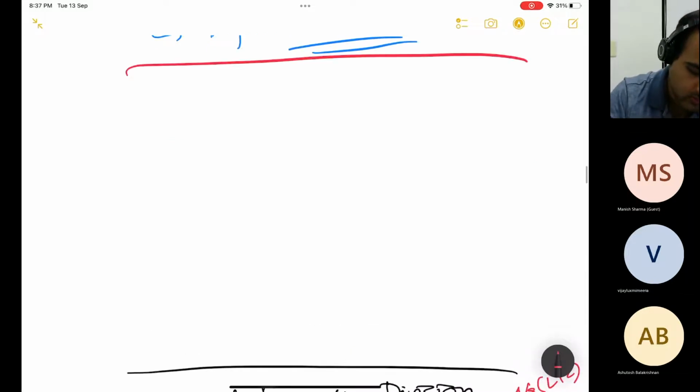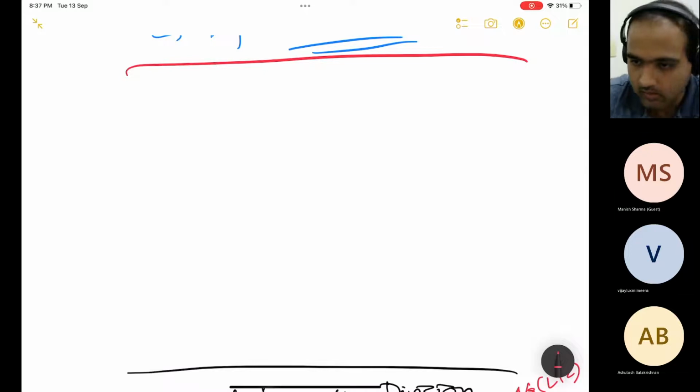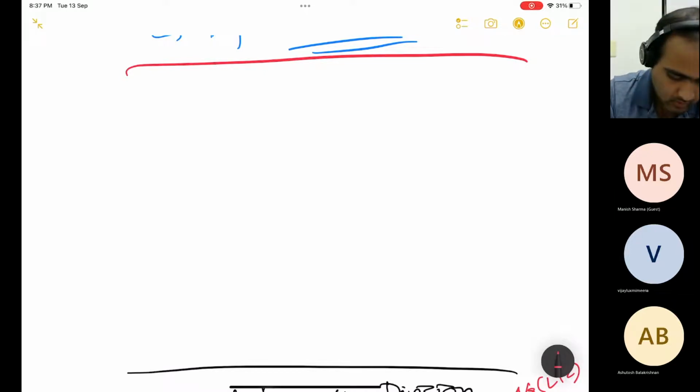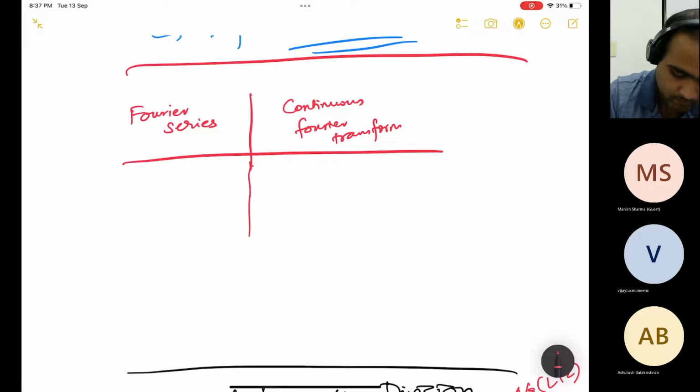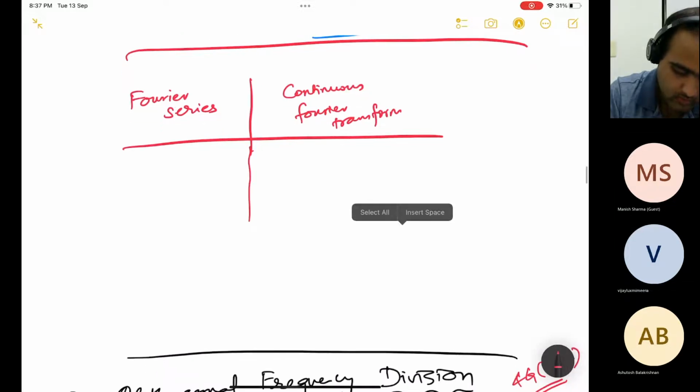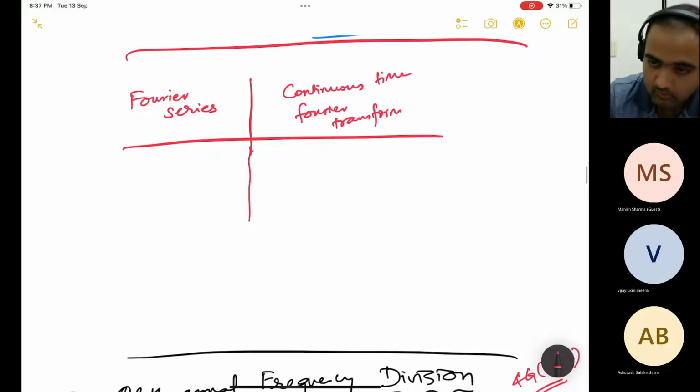Just to recollect, we have the Fourier series. Then we have the continuous time Fourier transform.